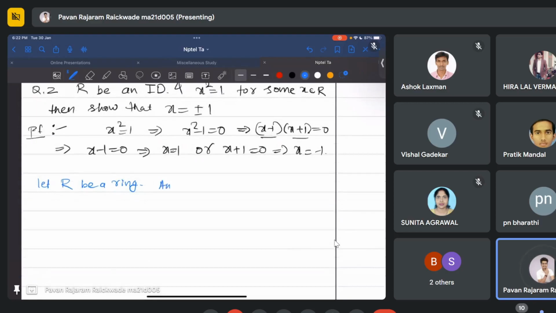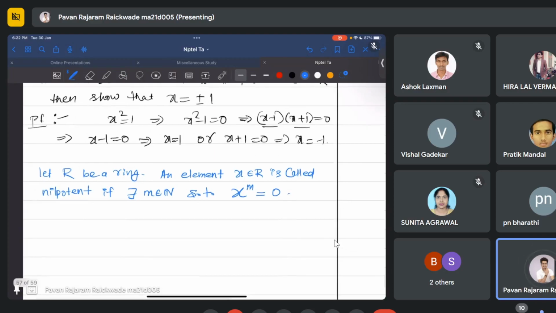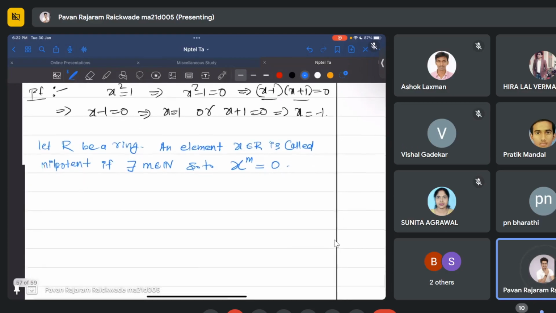An element x belonging to R is called nilpotent if there exists m belonging to the natural numbers such that if you take the product m times, x raised to m, you get the zero element. That's all, and this is the definition of a nilpotent element. Now I have some questions.